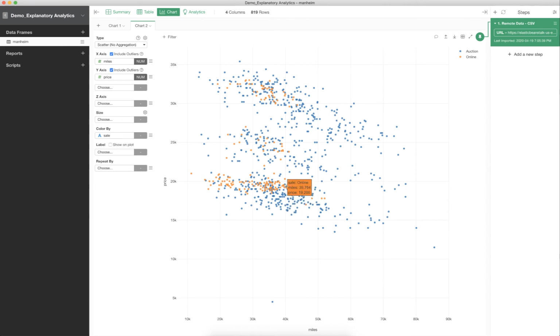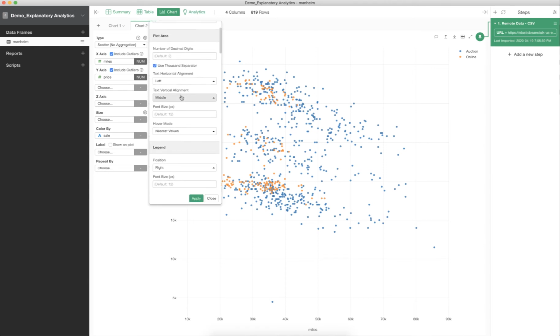Under 40,000 miles, we see there are quite a few cars that are sold online of the X model, some of the Y, and a few of the Z. Above 40,000 miles, however, there aren't as many cars sold online. And so this gives us another sense about the relationship between how a car is sold and a possible association with price or miles. Again, I shall give this chart a title.